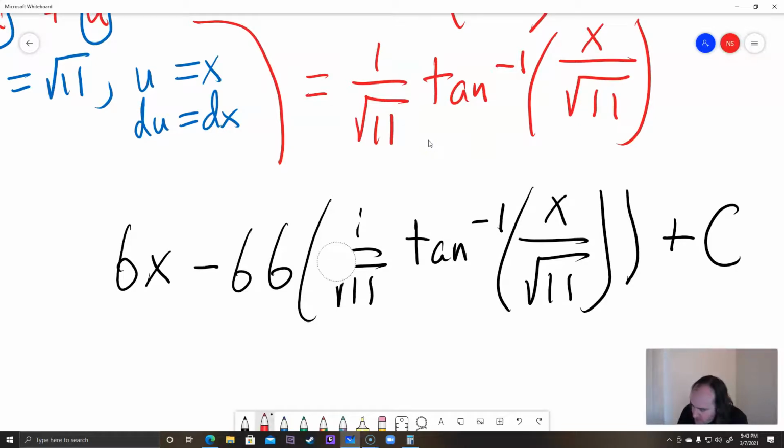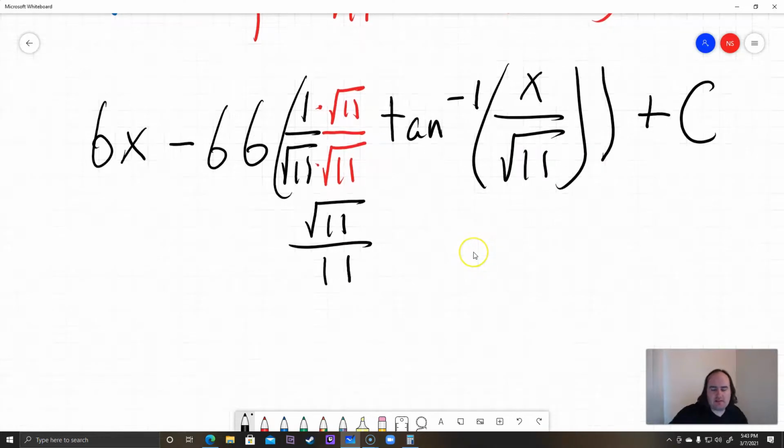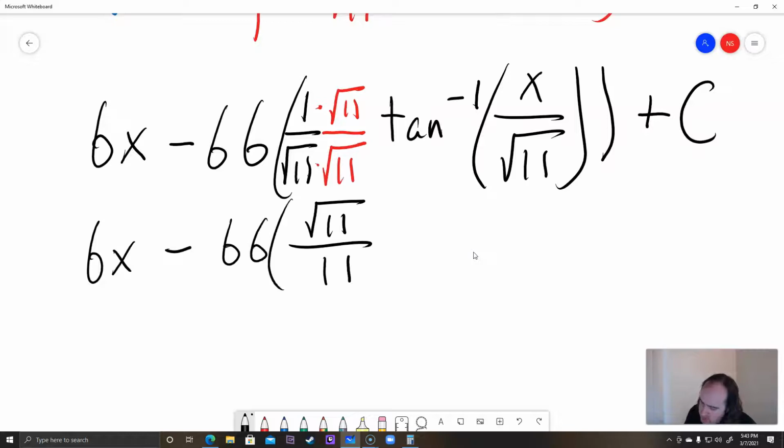So instead of writing 1 over root 11, on MyMathLab they write root 11 on the top and root 11 on the bottom. To rationalize it, you multiply straight across. That gives us root 11 over 11 there. But then we still have a 66 out front. So we have 6x minus 66 times root 11 over 11 tan inverse of x over root 11.